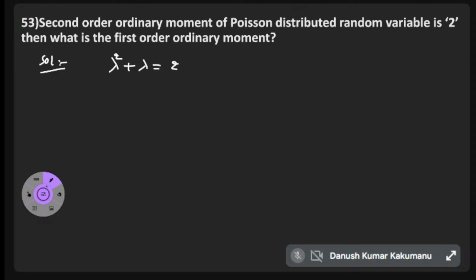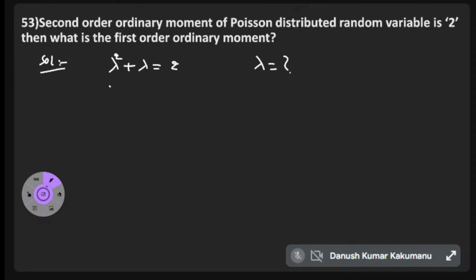Instead of mean squared value, he is using the words second order ordinary moment, and is asking for the first order ordinary moment, which is lambda.